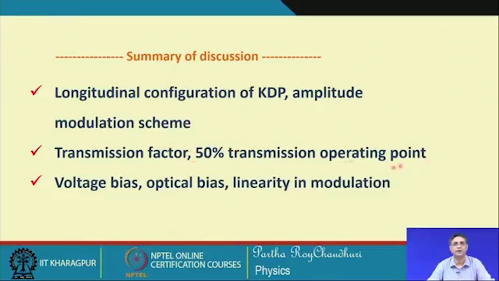For that, the requirement is a voltage bias, or it could be an optical bias, but we discussed that putting in an optical bias makes this linearization of the modulation much easier to implement, and these crystals are commercially available and very useful in optical modulation schemes.